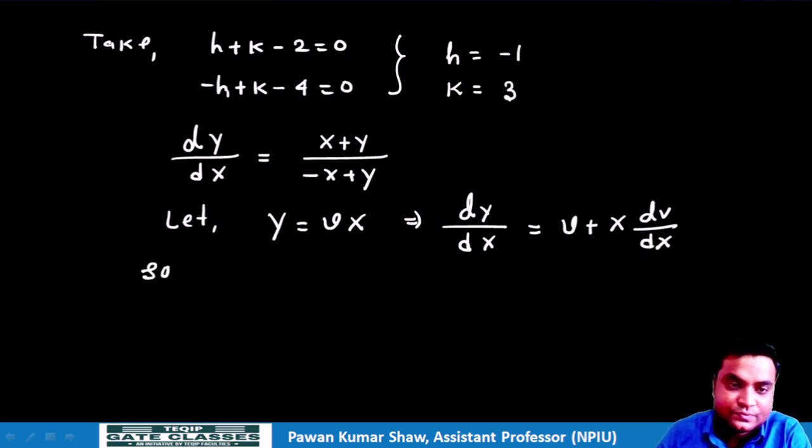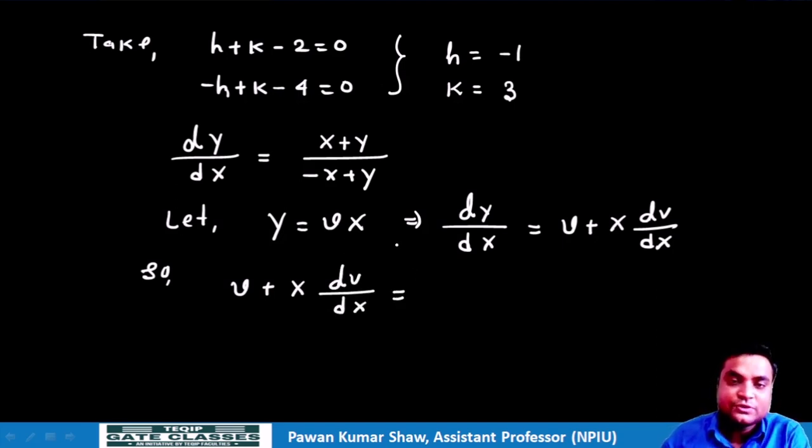So we can write V plus X dV by dX is equal to X plus Y over minus X plus Y. So we replace Y with VX, and in the denominator also we replace Y with VX.